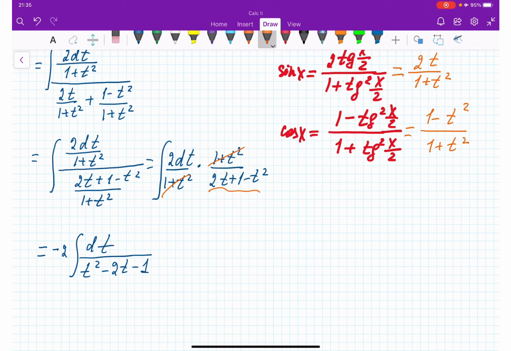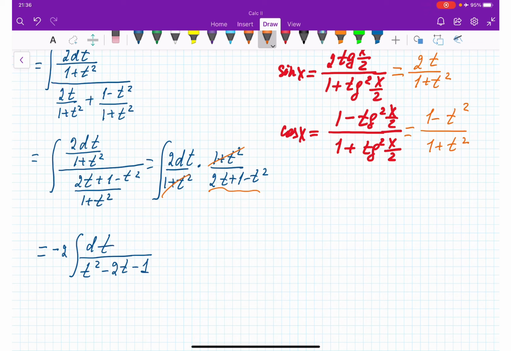I changed the sign. Why? Because I want to make a look form of the quadratic expression, right? t squared minus 2t minus 1. It's an incomplete quadratic expression, but we will make it complete. It's not a big deal. That's why I put negative and flipped every single sign in the denominator.